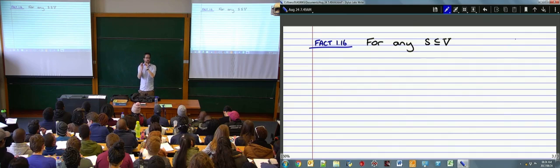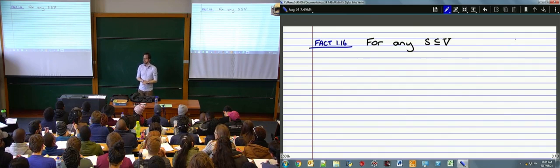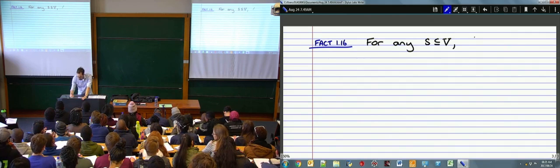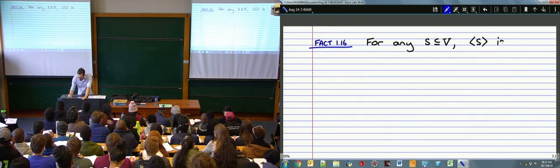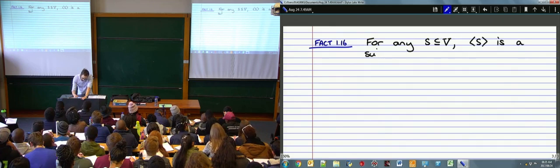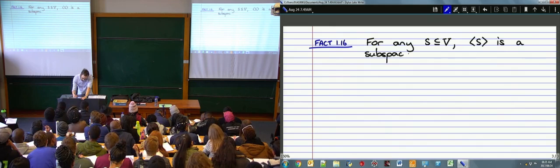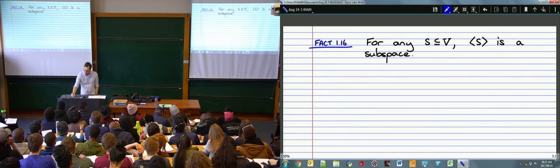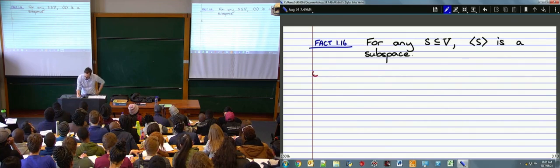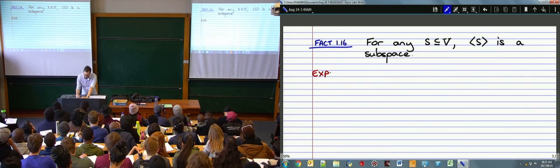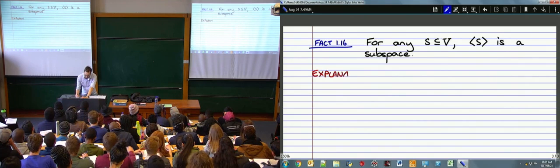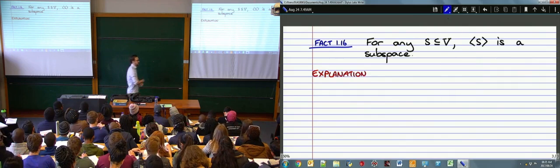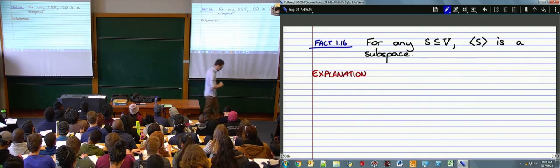All right. So if we have some subset which is in our vector space, for any set, any subset in our vector space generates a subspace.